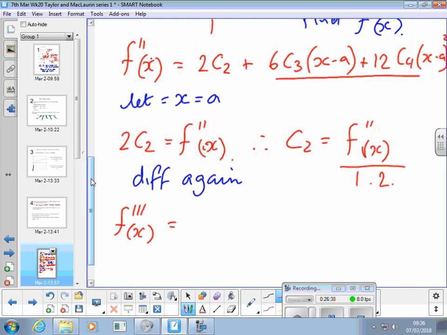Differentiate 6C3 X, just 6C3. Now the X goes, doesn't it?